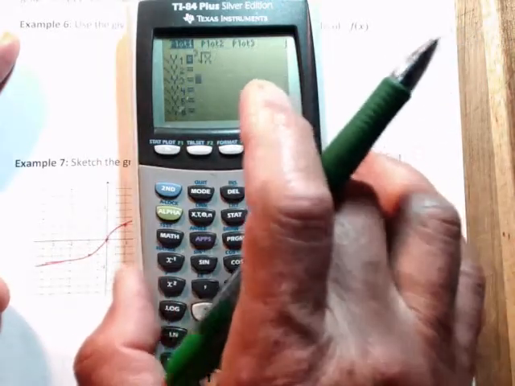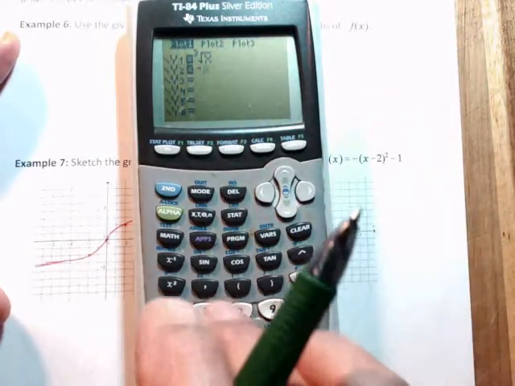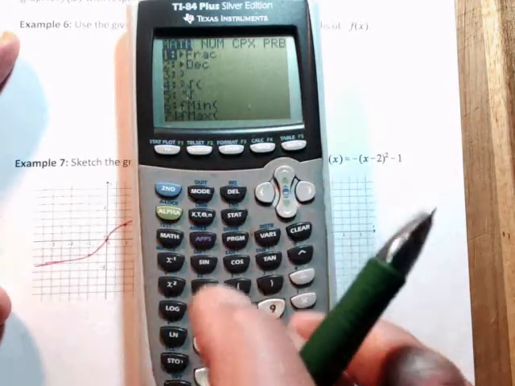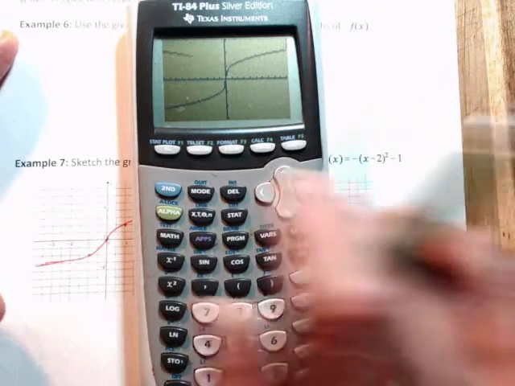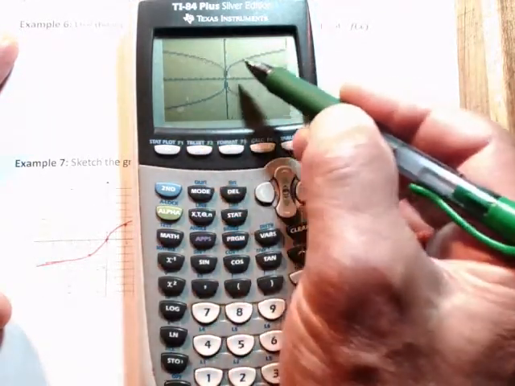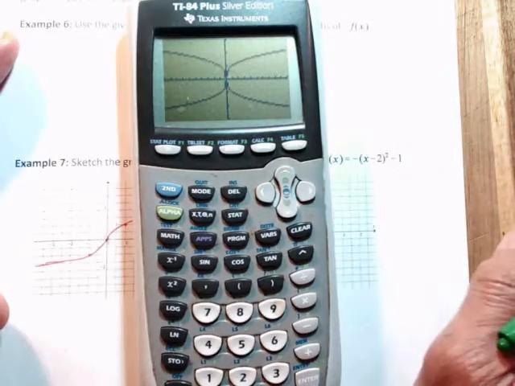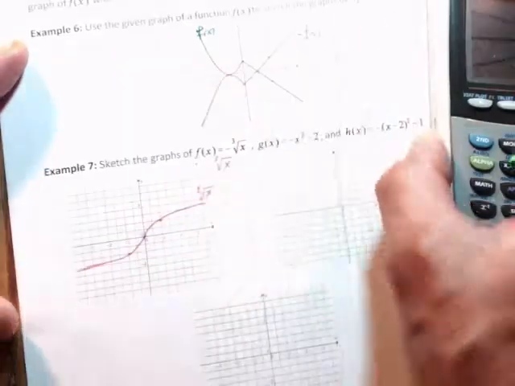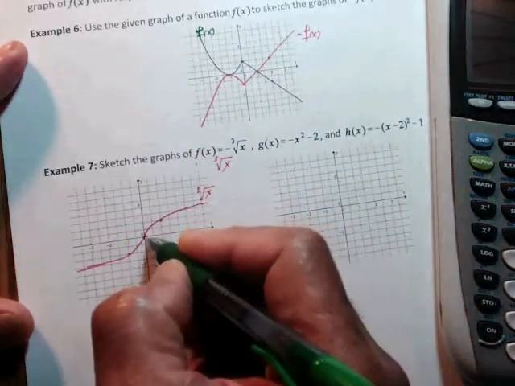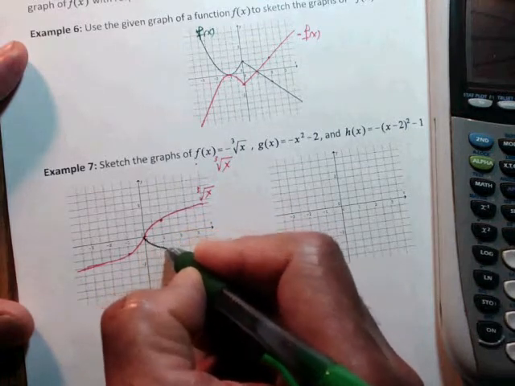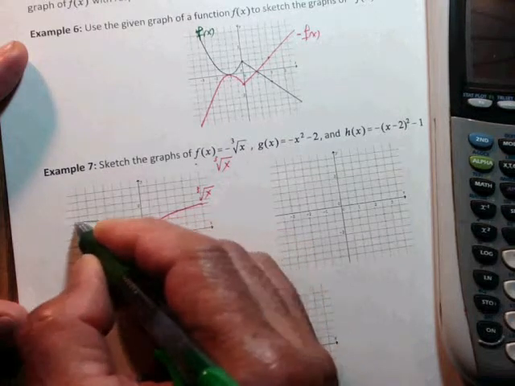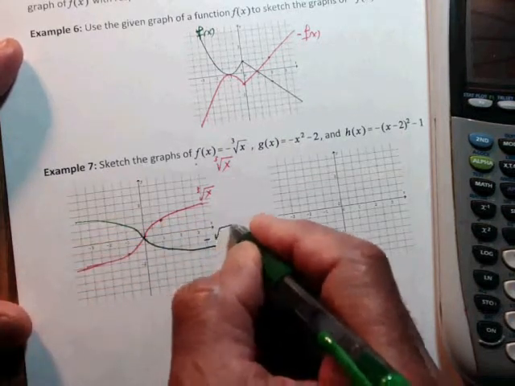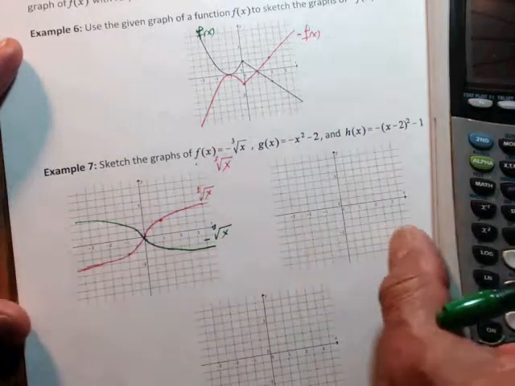So if I go ahead and say negative cube root of x, and then say graph, you see, this part below goes above and this part above goes below. See, so this part falls below and this one goes above. This is minus cube root of x.